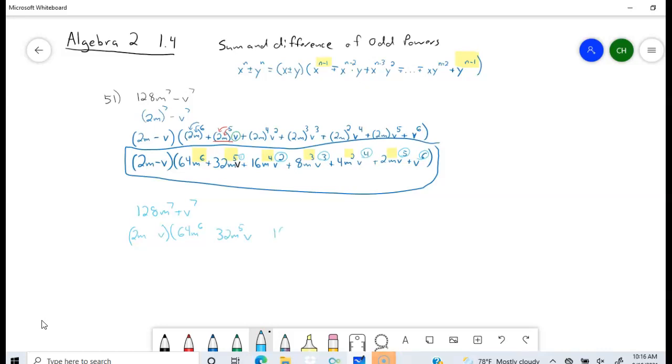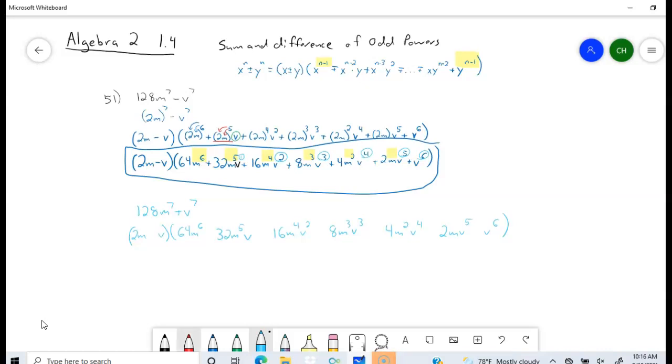I'm going to have 16m to the 4th v squared. I'm going to have 8m cubed v cubed. 4m squared v to the 4th. 2m v to the 5th, and v to the 6th. I know I'm going to have all that stuff exactly the same.